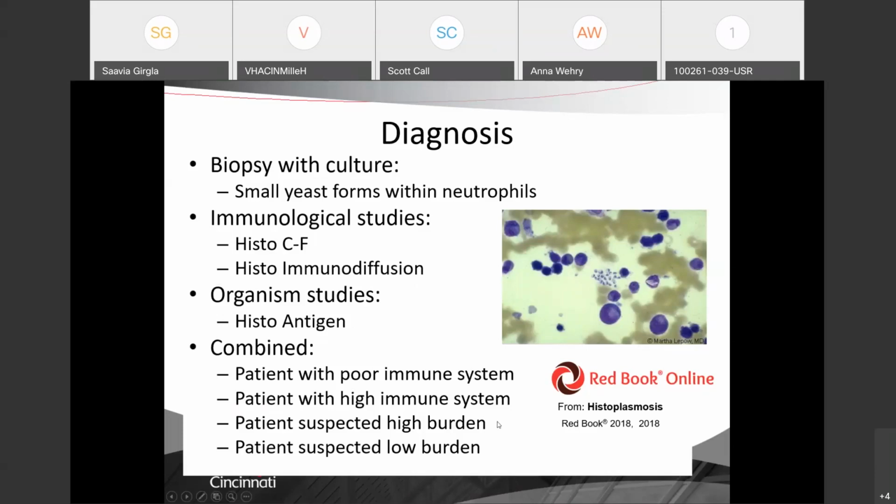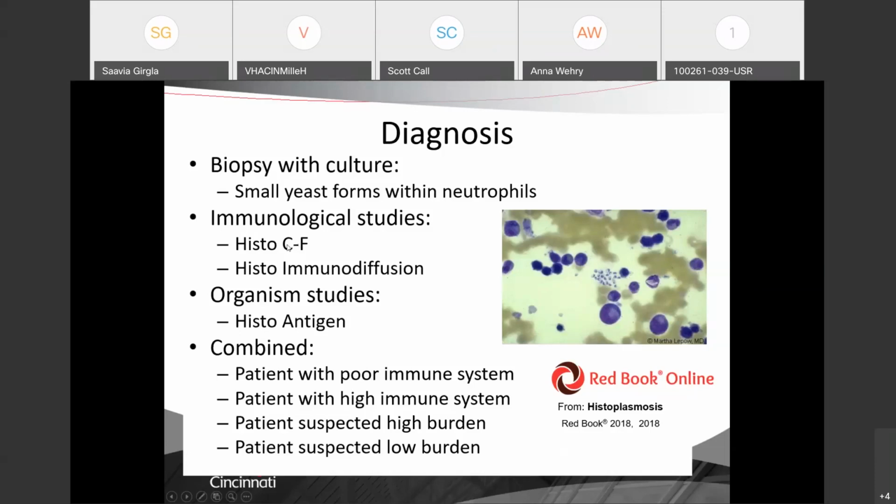A person with a highly functioning immune system is going to have a relatively low burden of disease, because the immune system recognizes it and causes a lot of inflammation. With a high immune response, the burden is going to be low. And so your immunological studies are probably the way you need to test for it.